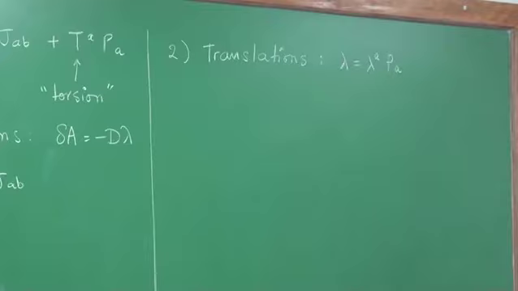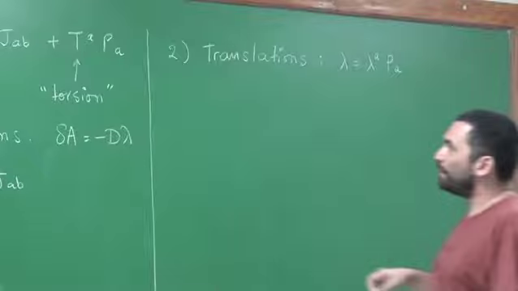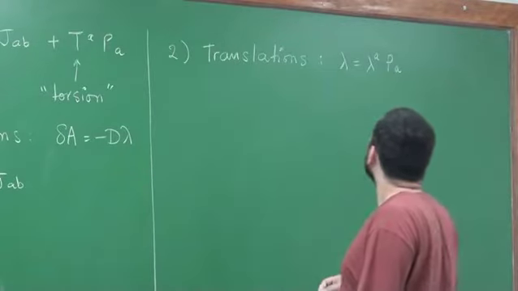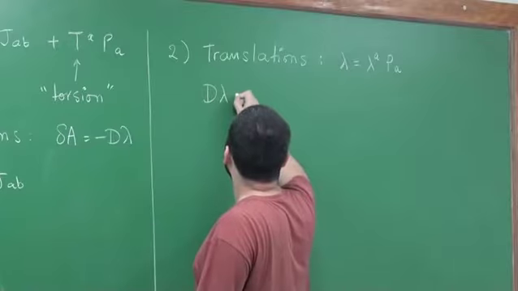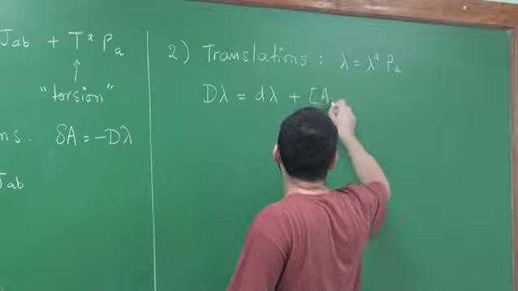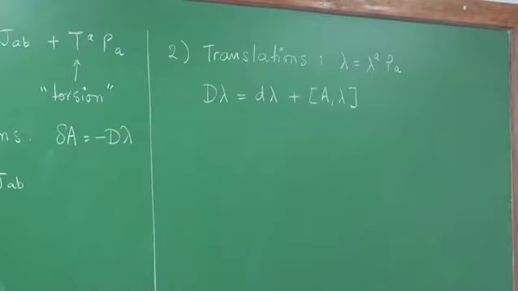So what happens there? If you compute this, maybe we should do it. For instance, this is the covariant derivative of the parameter.